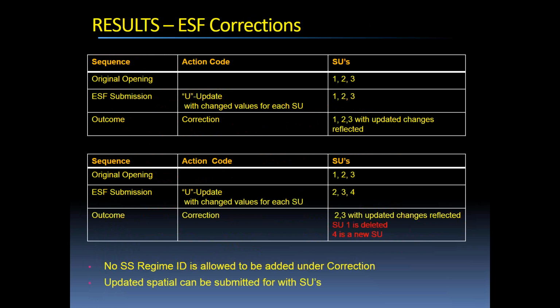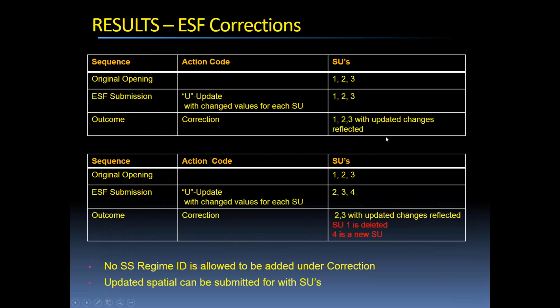So in my ESF document, I need to use the action code of U for correction. If I put in standards unit 1, 2, 3 with whatever information is supplied, the outcome will show up as a correction with each of the same standards units 1, 2, 3 with the updated changes reflected.